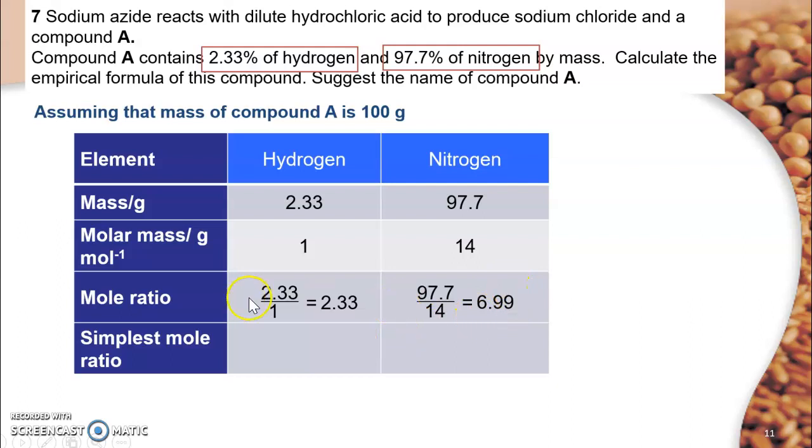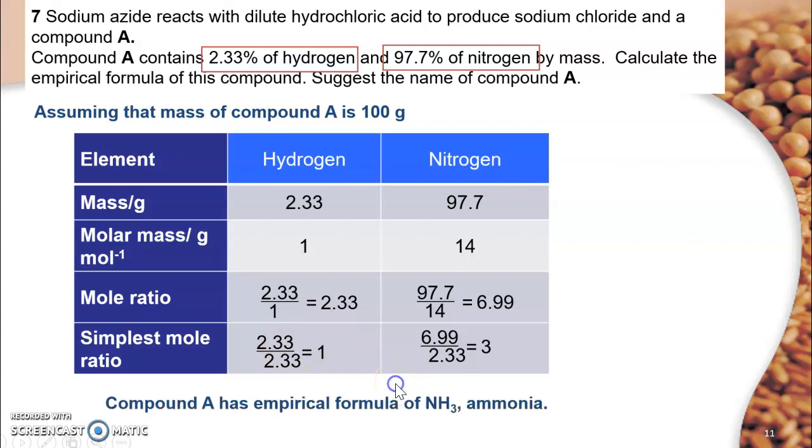You just need to use whichever is the smallest number and divide accordingly. So 2.33 divided by 2.33, and 6.99 divided by 2.33. The simplest mole ratio will be 1:3. This will give me the empirical formula of NH3, and you probably should know by now that this is ammonia. So that's how you work out the empirical formula for question 7.